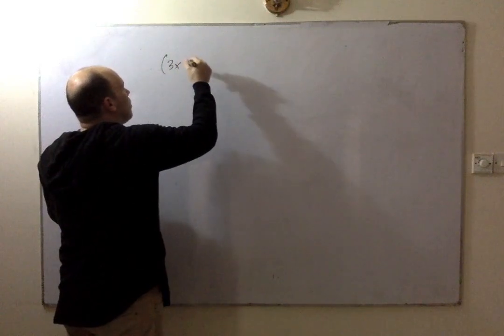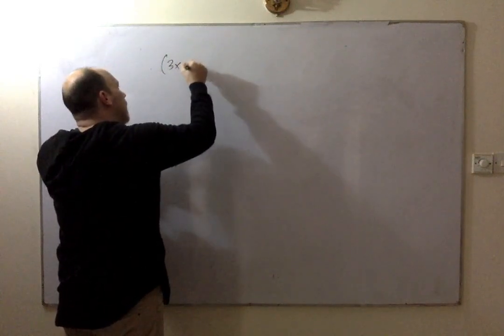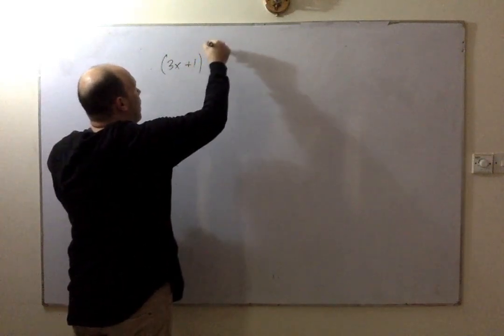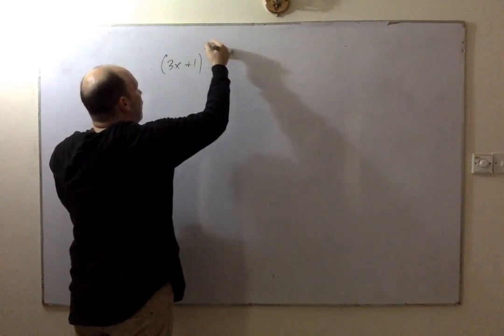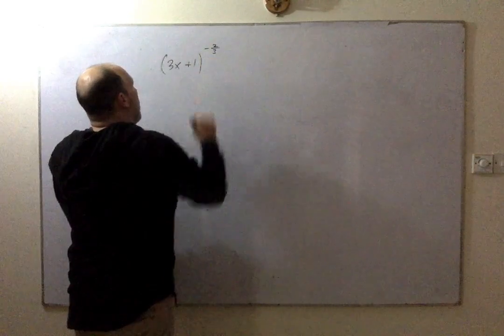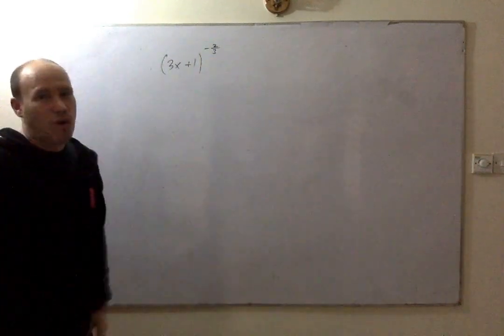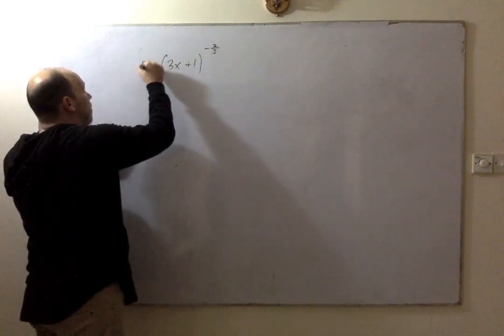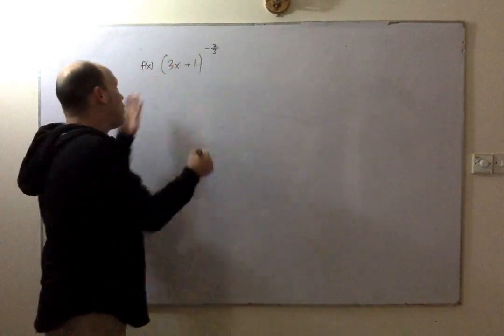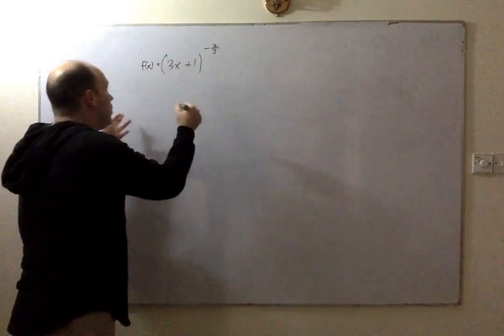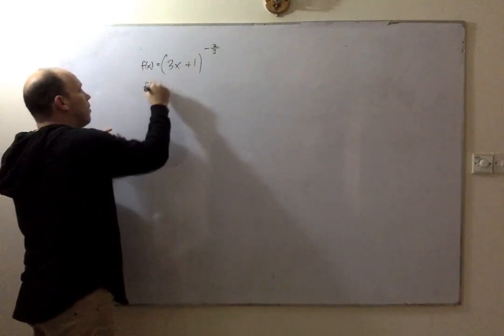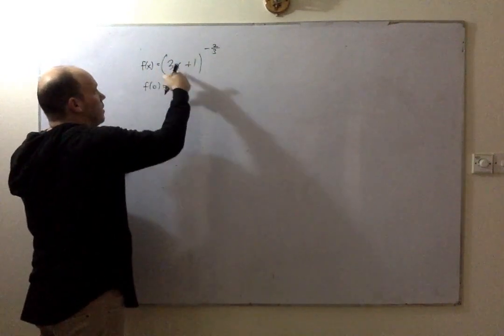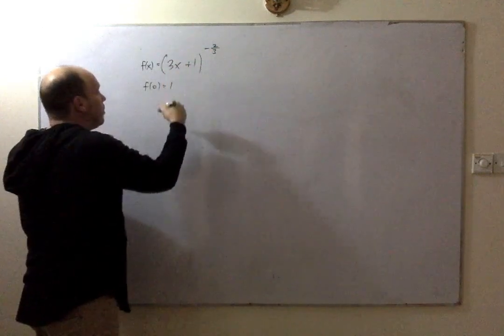So let's do 3x plus 1 to the negative 2/3. So we have this function, and we want to write this thing as a polynomial. So first of all, I need f of 0. Well, f of 0 is just 1.